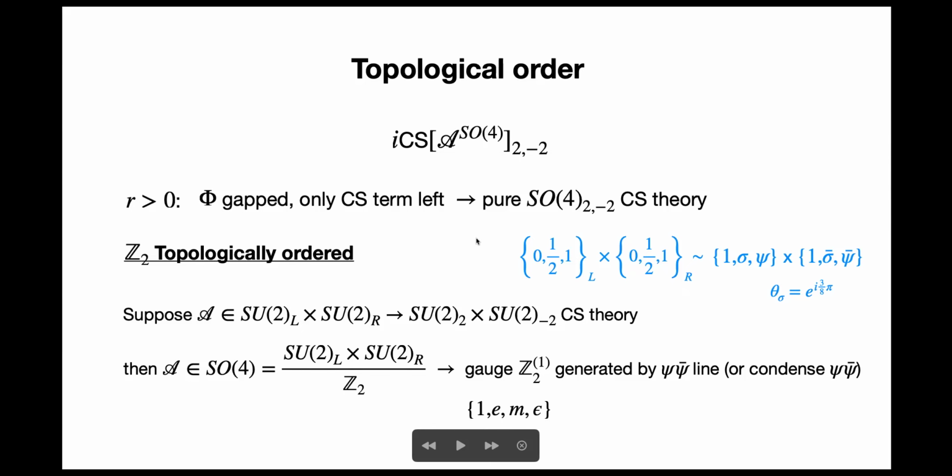If you run the standard algorithm, you will find that gauging this one-form symmetry gives the toric code topological order, where the 1/2, 1/2 will split into two abelian anyons, the E and M. So we have concluded that our pure SO4 2, -2 Chern-Simons theory is indeed secretly describing the toric code.